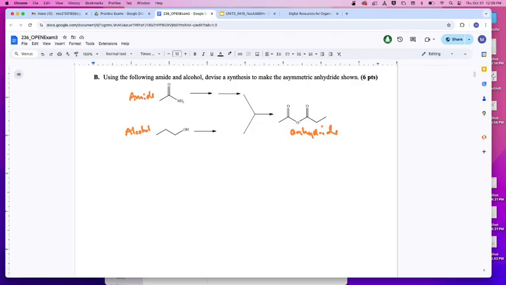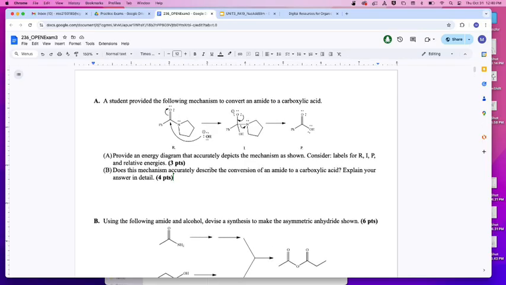Okay, the anhydride is above. I can't go up. I have to only follow particular pathways. So we have the carboxylic acid. First thing I want to do is get a carboxylic acid. How do I convert the amide to a carboxylic acid? Oh, I add hydroxide.